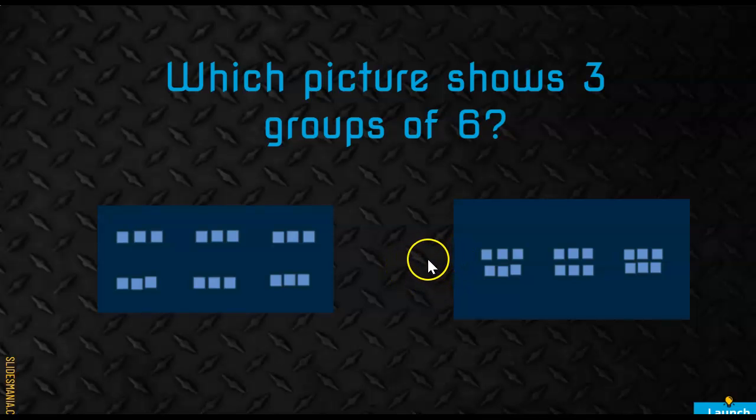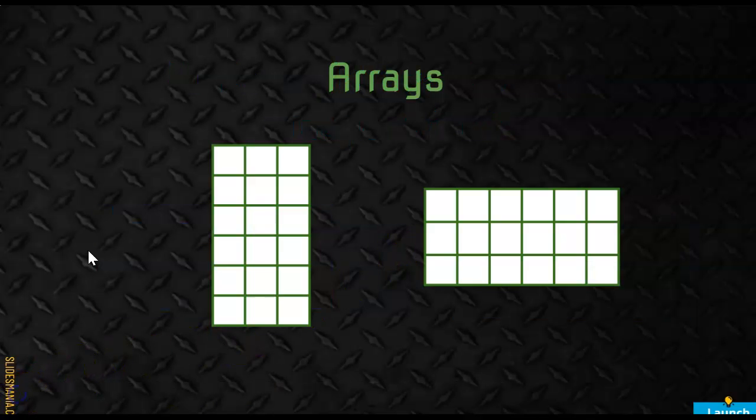Now, the commutative property allows us to say 3 groups of 6 or 6 groups of 3, because it gives us the same value. Just like our base 10 blocks, on our next slide the arrays also allow us to represent 3 times 6 or 6 times 3.